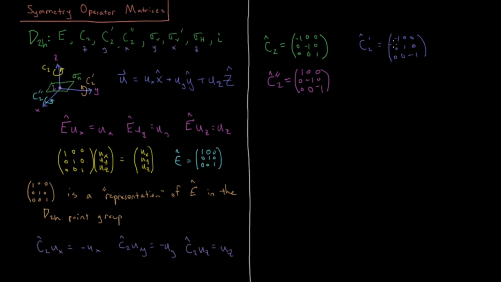All of the operators we can form a representation for like this. Sigma h is a reflection through z, through the xy plane. It's going to leave x and y untouched, and it's going to be the opposite of z. So that's going to be 1, 1, minus 1.